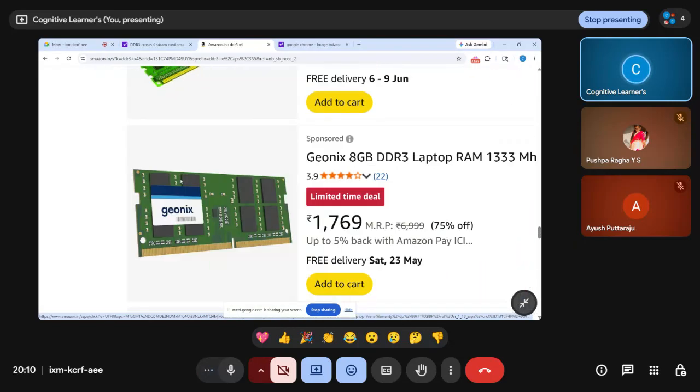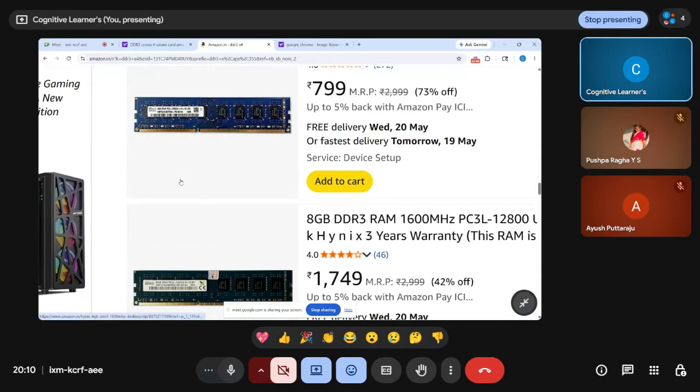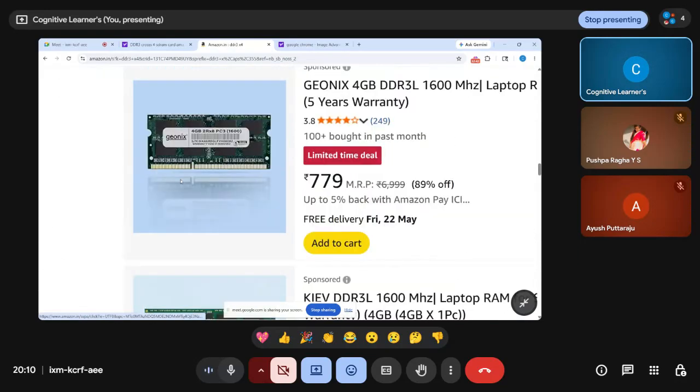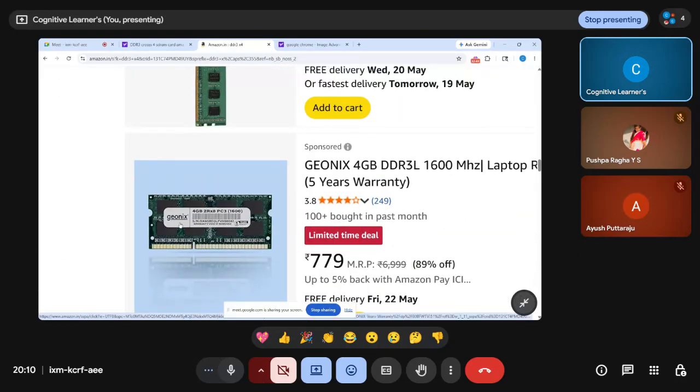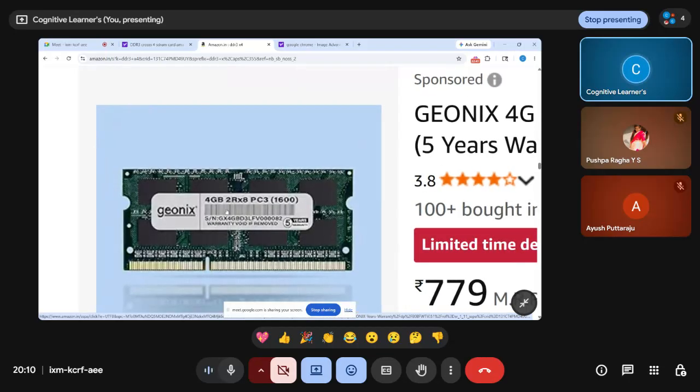We'll take this card and explain how to calculate frequency and bandwidth.